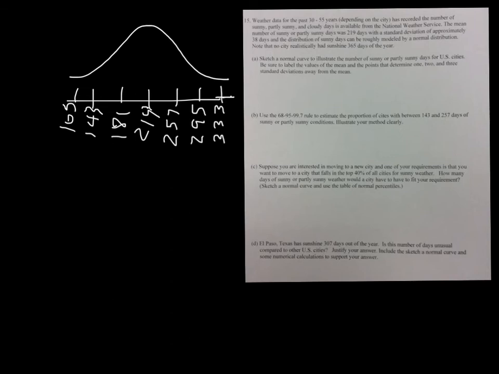Okay, number 15A, it asks you to draw or sketch a normal curve. Notice I put the mean in the middle. That's 219. I added 38 each time, and then I subtracted 38 each time in order to get my normal curve with all my data.